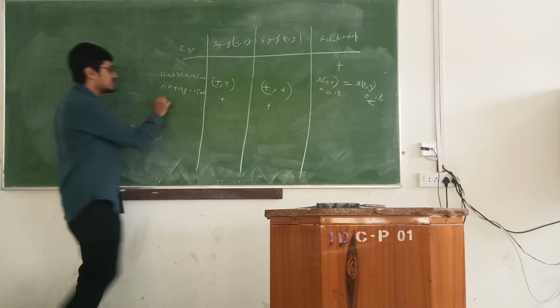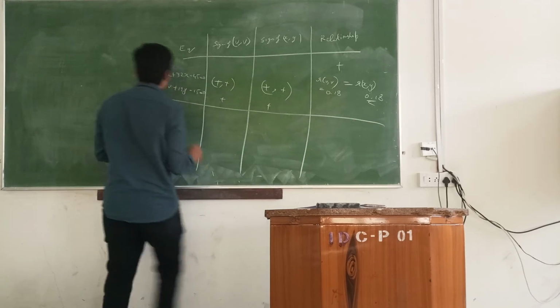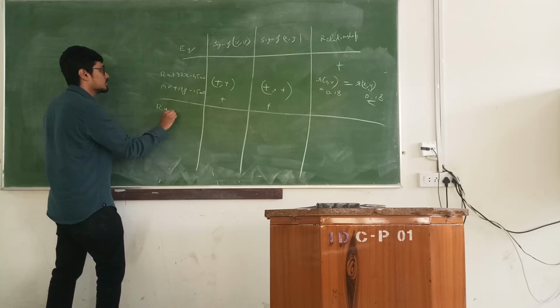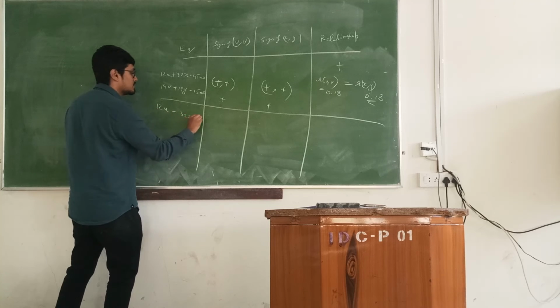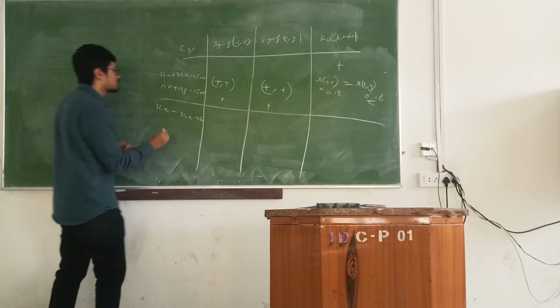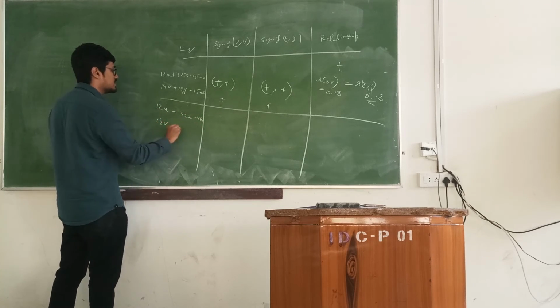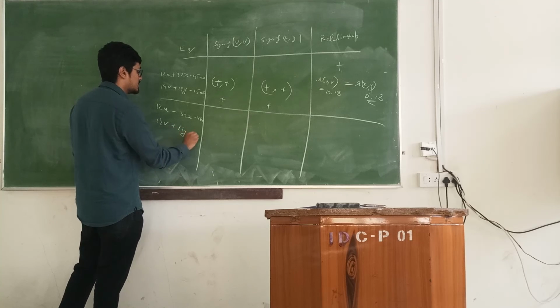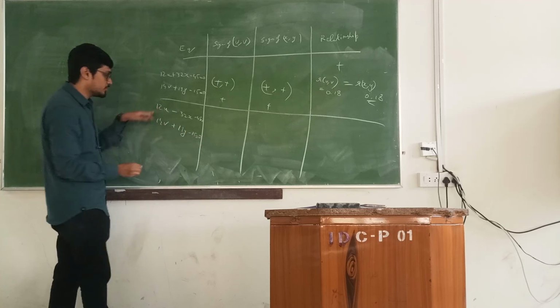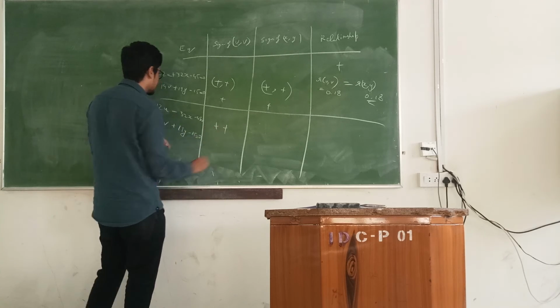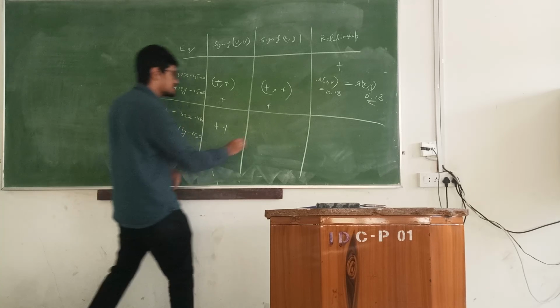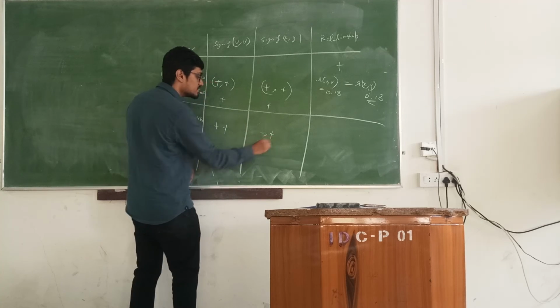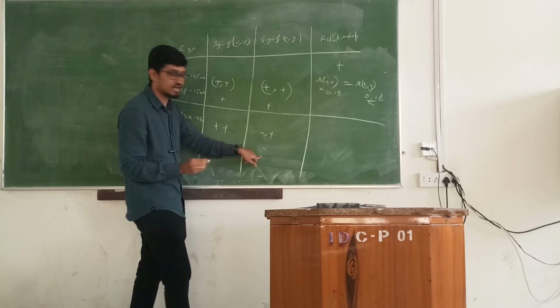Understood? Now, same thing. Tell me the answer for this one. 12u minus 32x minus 45 is equal to 0, and 14v plus 19y minus 15 is equal to 0. Now, u and v both are plus. X is minus, y is plus. Minus into plus will be minus. Both are different.